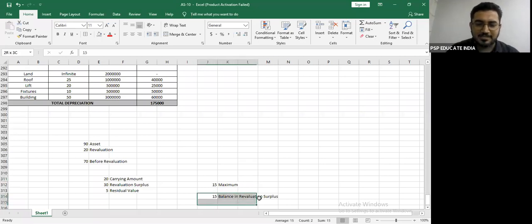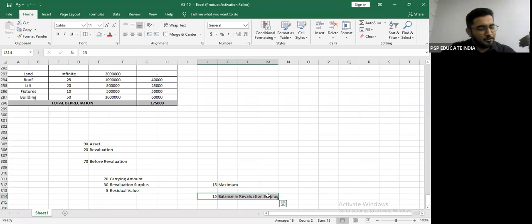Now this balance, tell me on the chat box, please think and tell me yes or no. Do you need revaluation surplus now? After you decide to shift to the cost model, do you actually need revaluation surplus? Yes or no? You do not need it.